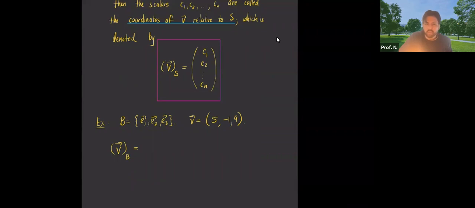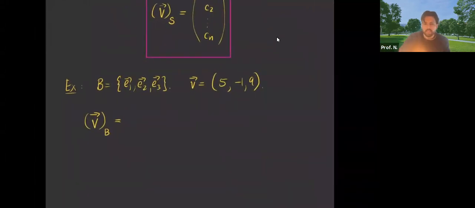Well, we haven't talked about representing a vector relative to a basis as of yet. So we are going to be representing vectors in space relative to different bases. Right now, I'm giving you an example of a basis that we've been using since the beginning of the semester, which is the standard way.